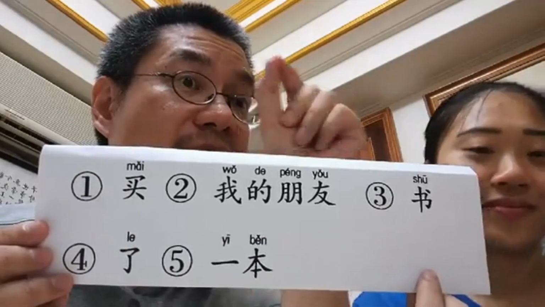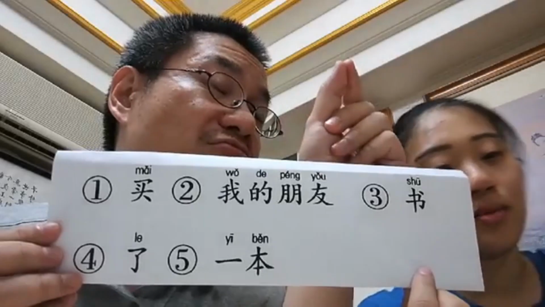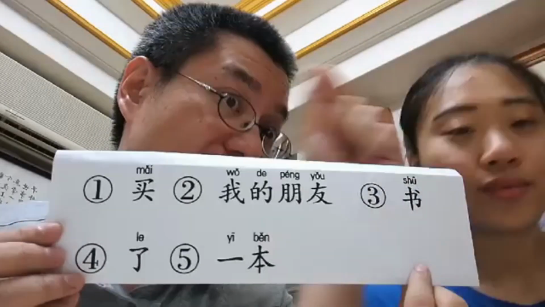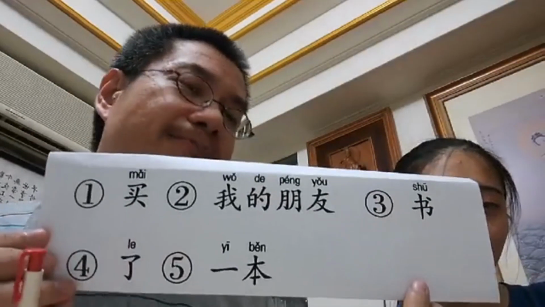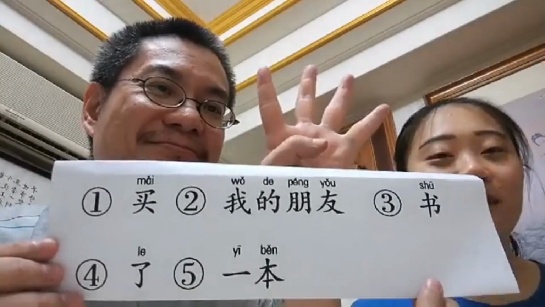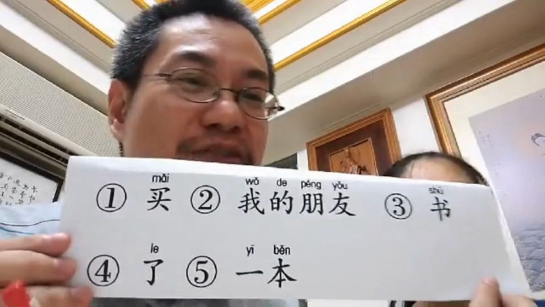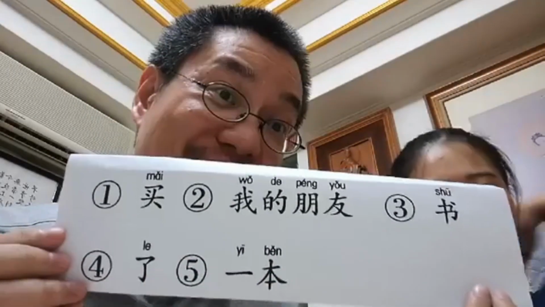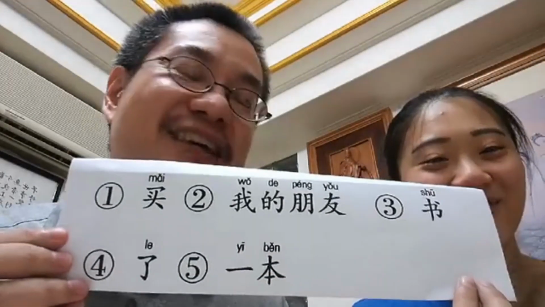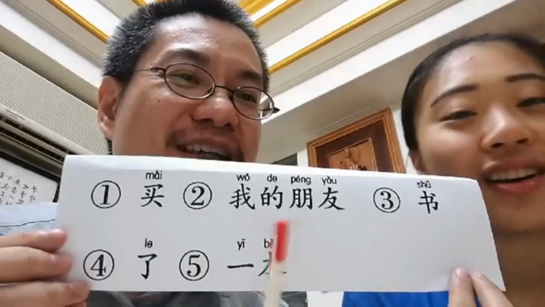Please write down your answers before we tell you the correct one. What's the correct order of this sentence? Hopefully you write down your answer. That's very important for you to practice more. So Abby, what is our first number? 我的朋友.